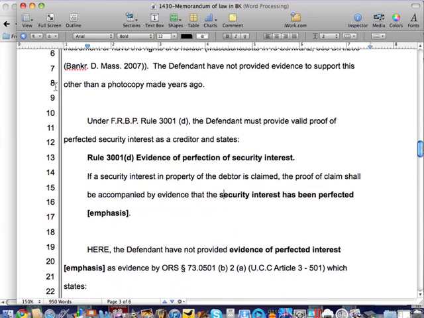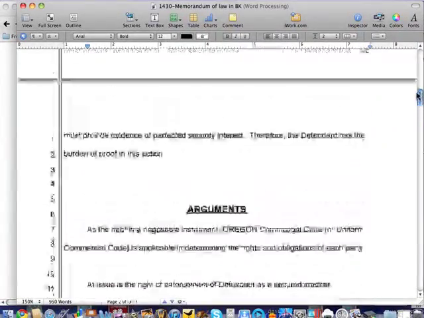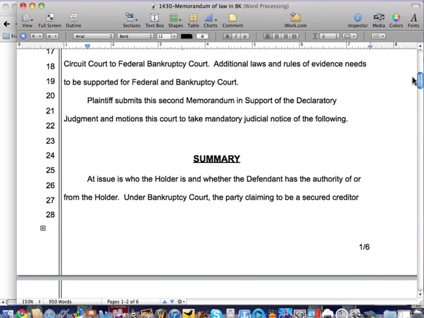So this is really important, and I encourage you to use this. But anyway, as of today, I'm filing to the court a notice of intent to file a motion for default judgment, as I'm entitled to, and in 7 days I will do so. I'm also filing this memorandum of law in support of my arguments for this case.